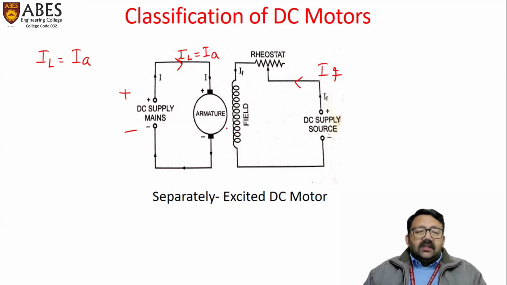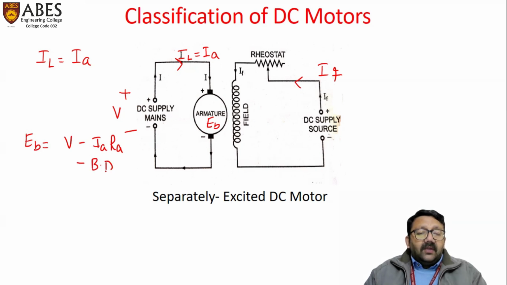It has no connection with the armature. In this configuration, we can relate the supply voltage V and back EMF in the armature EB as EB equals V minus IA RA, where RA is the resistance of the armature circuit, minus brush drop if any brush drop is given in the diagram.